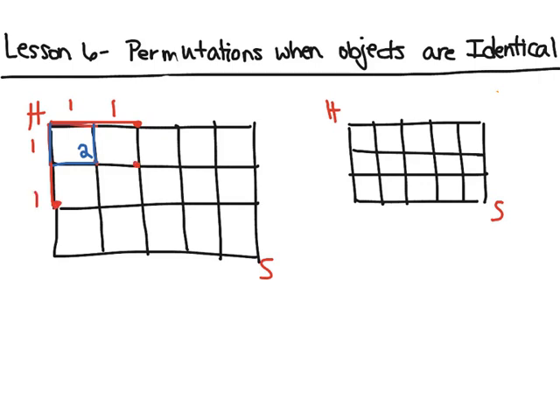To get to this point right here, there's multiple routes you can take. You could go 1, 1, down, that's one route, 2 routes, or you could go down and across. That's 3 different ways to get here. If you wanted to get to this point, you could go down 2 and over, which is 1.